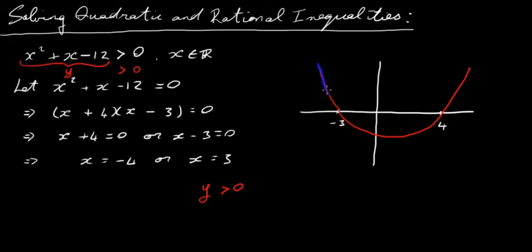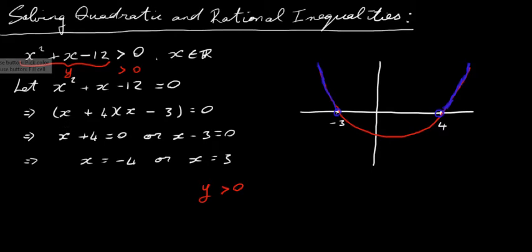All of these points along here and all of these points up along here will have positive y values, y greater than 0. Now we don't want to include the points on the x-axis, because y has to be greater than 0, not equal to 0. So usually we put a little circle around that point and around this point, and we don't fill in the circle because we don't want to include 3, we don't want to include minus 4.